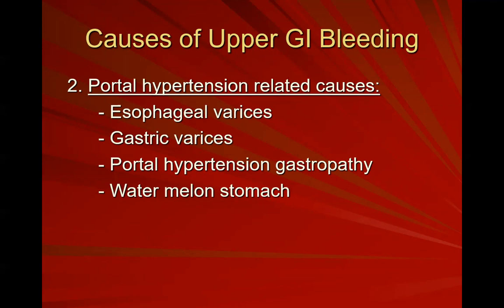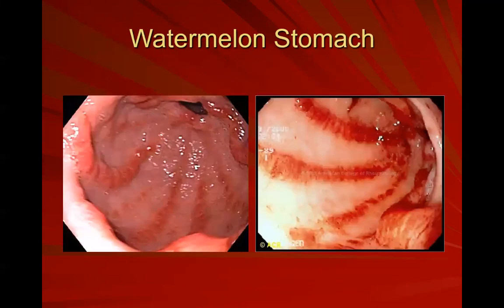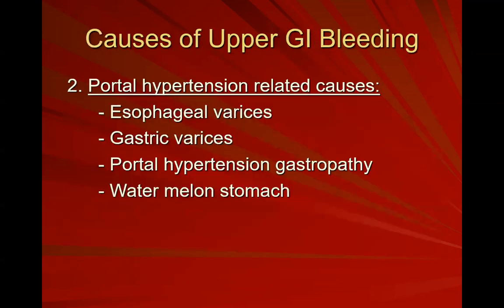We call it watermelon stomach, or gastric antral vascular ectasia. By endoscopy, you would see the stomach forms the shape of a watermelon. Okay, so this indicates portal hypertension.